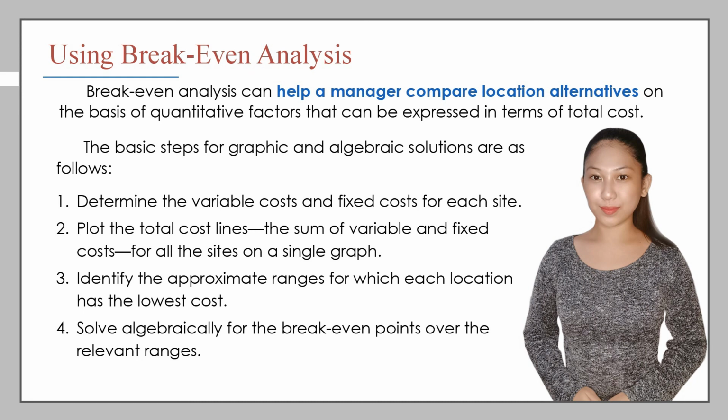So these are the basic steps for graphic and algebraic solutions that is particularly useful when the manager wants to define the ranges over which each alternative is best. To sum it up, break-even analysis is just a situation where an organization is neither making money nor losing money, but all the costs have been covered.